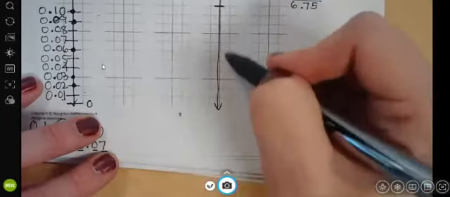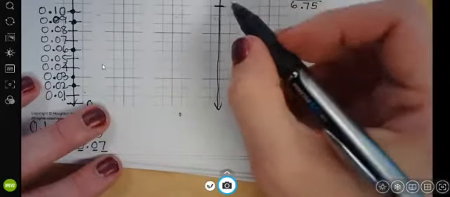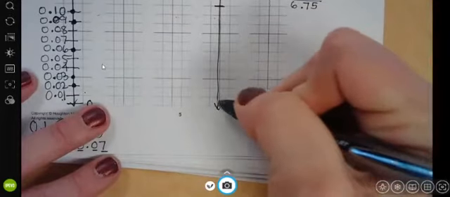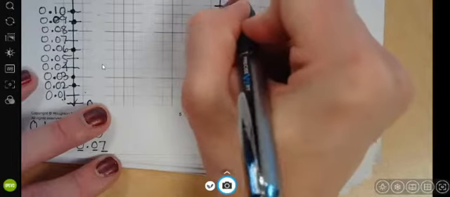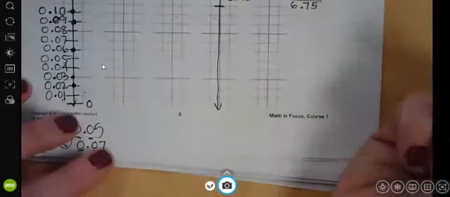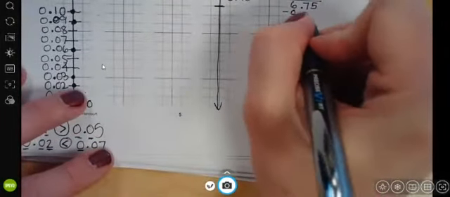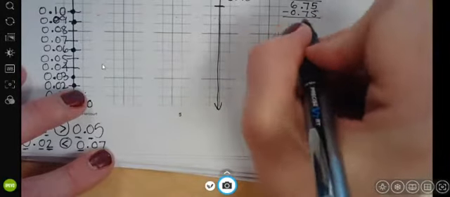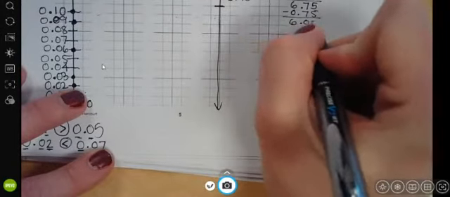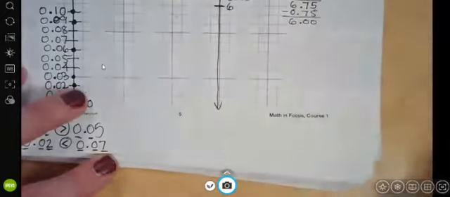And since I have a long ways to go to get to 0, which is neither positive nor negative, but where I should stop, because that would cover all of my positive numbers, I'm going to skip just one line. And then to subtract another 75 hundredths, hopefully you can see that's just 6, which I can write with just the 6. I don't have to put the decimals on there.